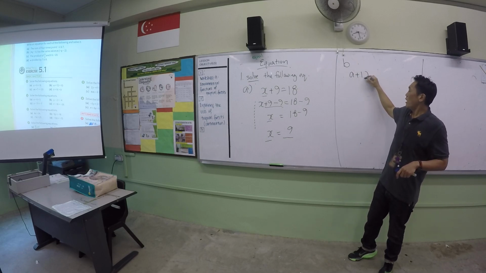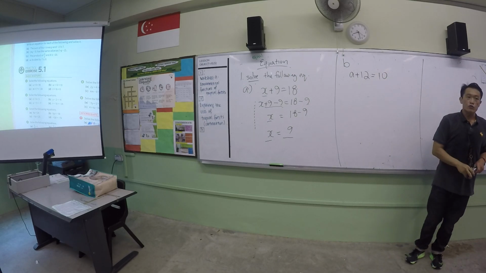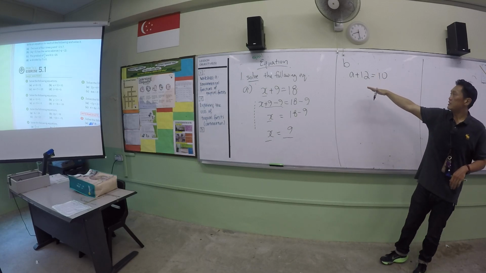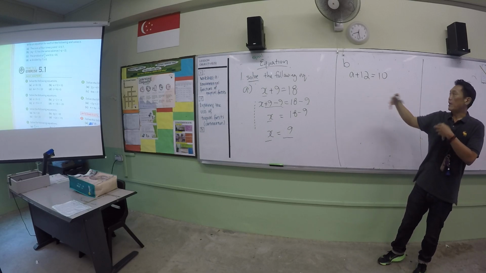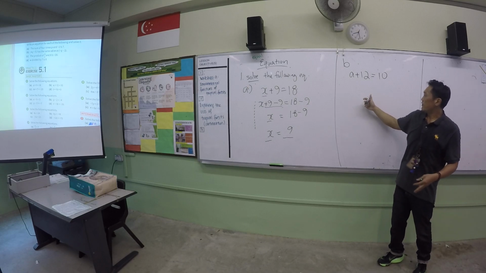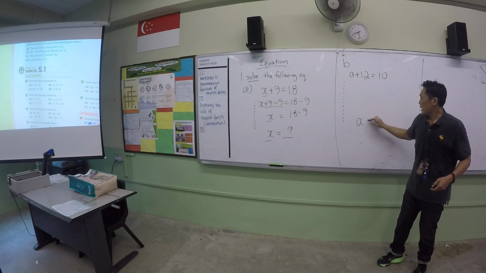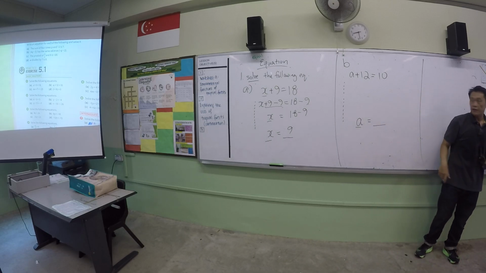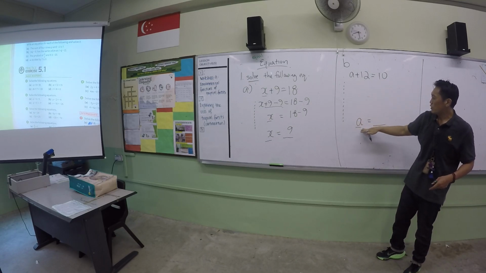Okay? So part B is actually the same. I am finding what must be A, so that A plus 12 equals 10. If you can straight away see, then you can straight away say what is the value of A. But if you cannot straight away see the value of A, you can write equivalent equations until the unknown is on one side and we put all the numbers on the other side. So how can I go from A plus 12 to become only A?